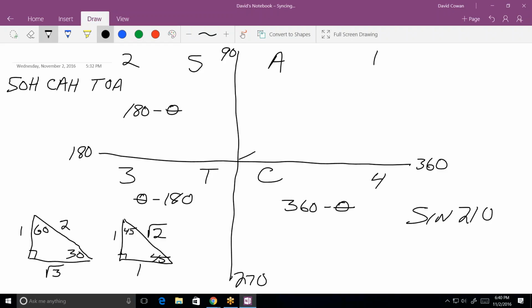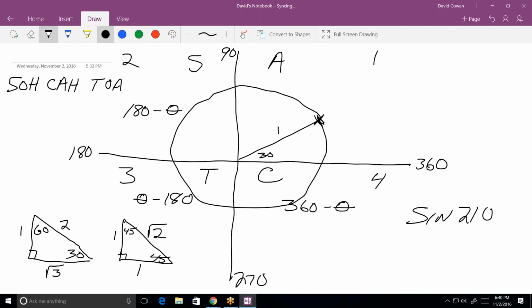If I have a 30-degree angle, and it's a unit circle, in other words, that is radius of 1, what are the coordinates of that point right there? Turns out the x coordinate is the cosine of 30 degrees, and the y coordinate is the sine of 30 degrees.